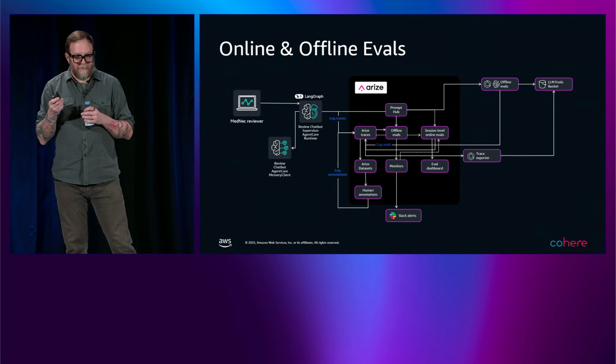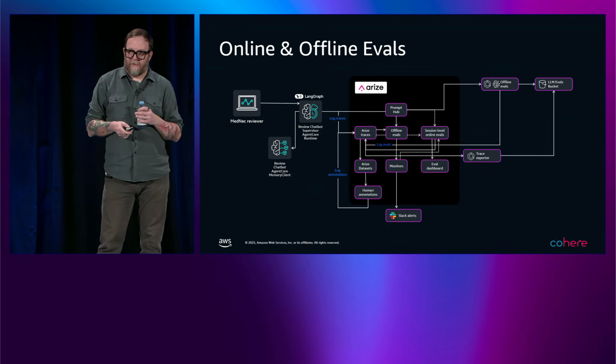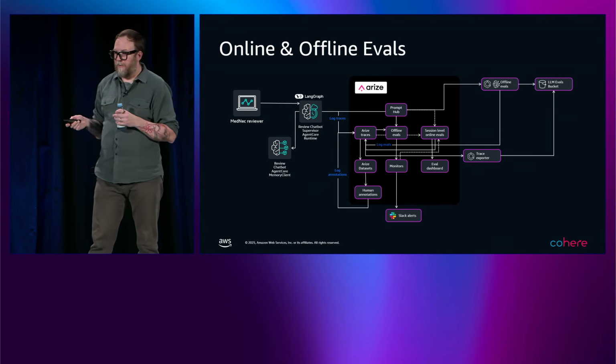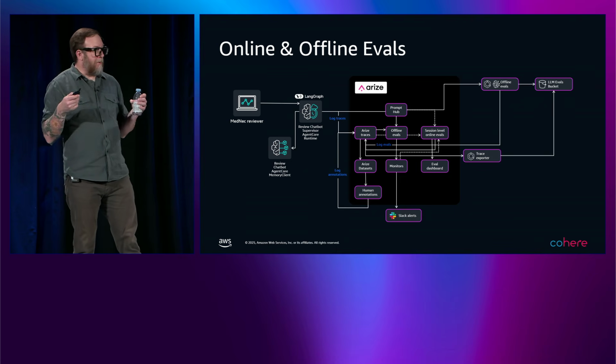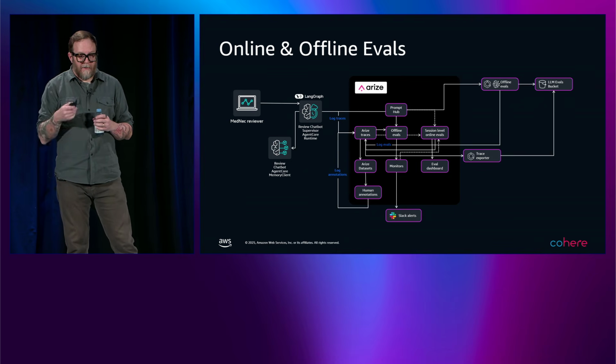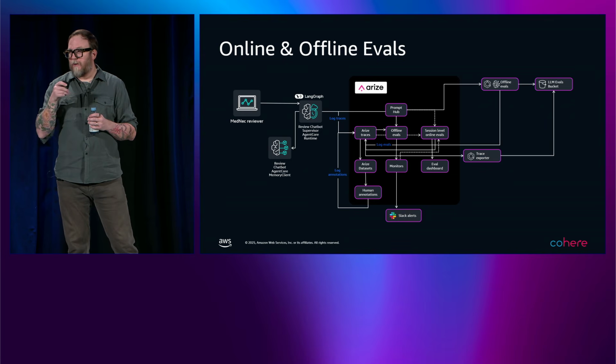And then I'm just going to touch on evals here briefly. My slide here is much busier than Iris's. As I mentioned earlier, we're already in the Arize ecosystem. We have online evals, so from LangGraph and AgentCore, we have data going into Arize.